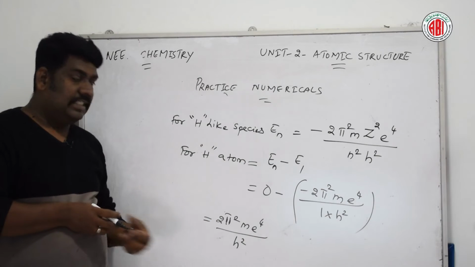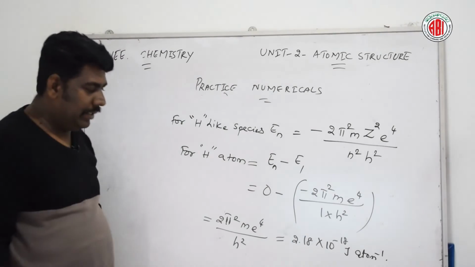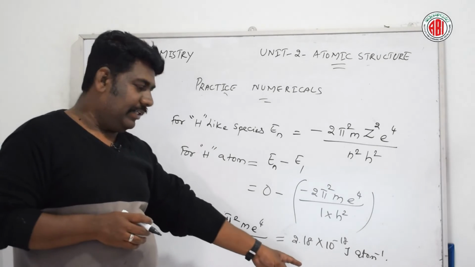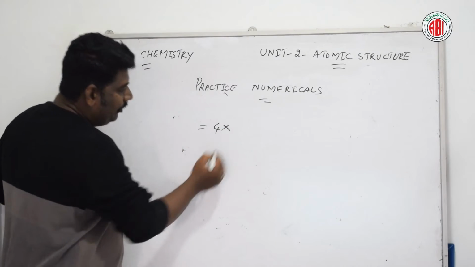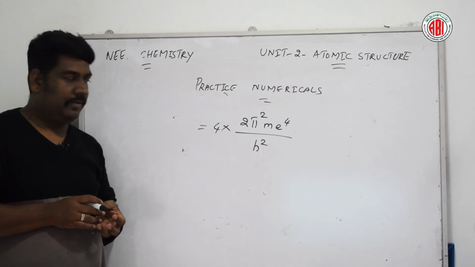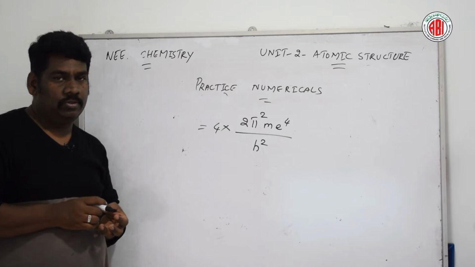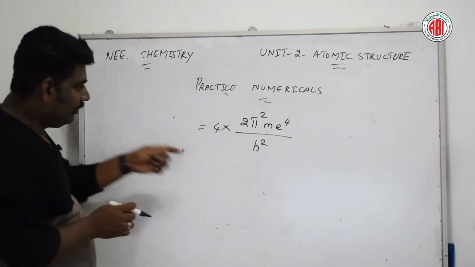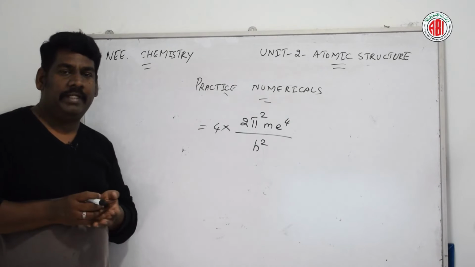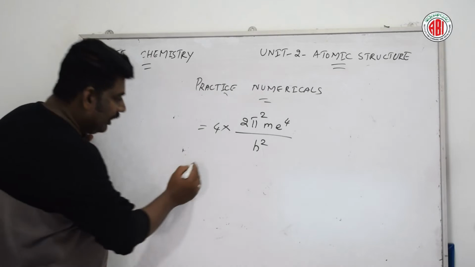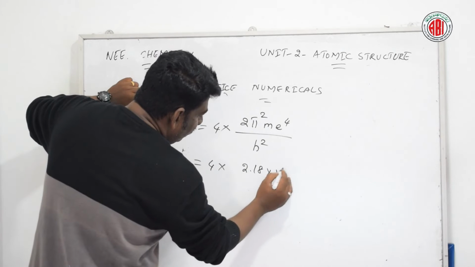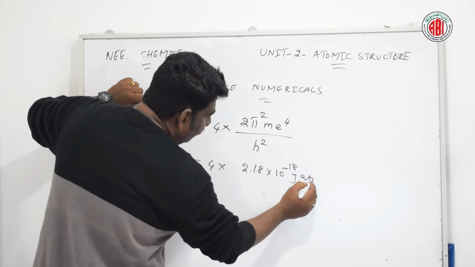So simplifying this we get the answer, that is 2.18 into 10 to the power of minus 18 joule per atom. So that is given in the question. Now 4 into 2 pi square m e to the power of 4 divided by h square, this entire value is given in the question, that is 2.18 into 10 to the power of minus 18 joule, that is nothing but 4 into 2.18 into 10 to the power of minus 18 joule per atom.